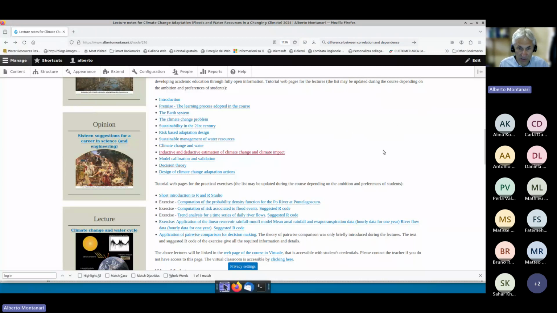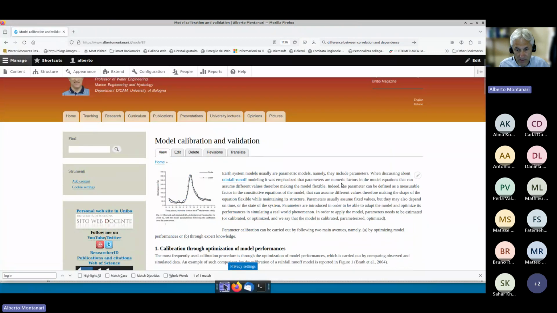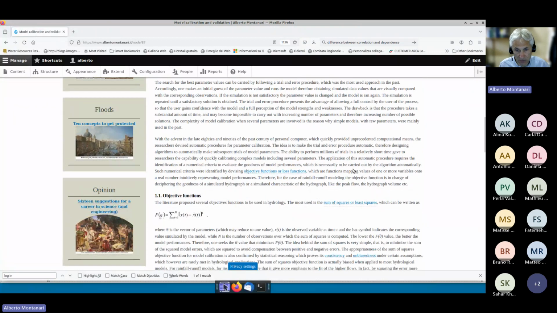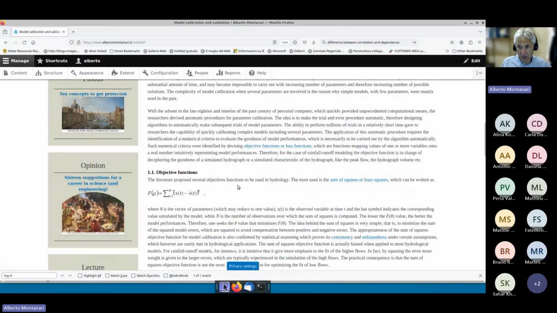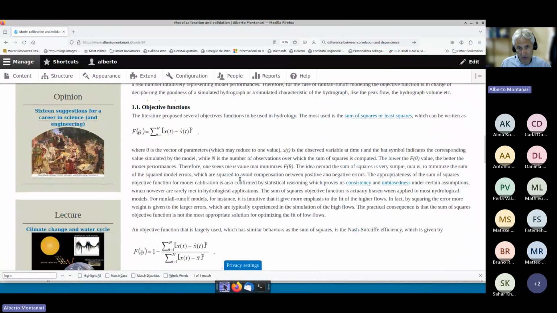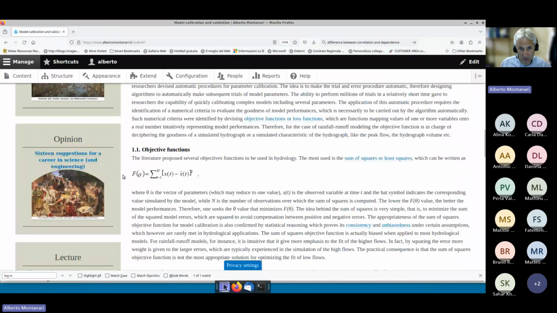Now, this is our list of links. You may remember we discussed the model calibration and validation last time. So let's go there. And you also may remember that we discussed the least squares or sum of squares objective function, which is this one.